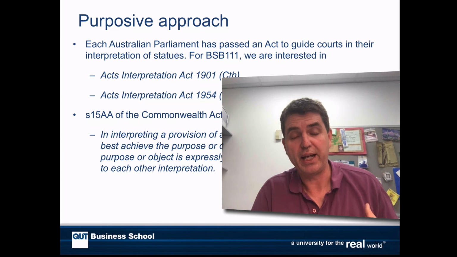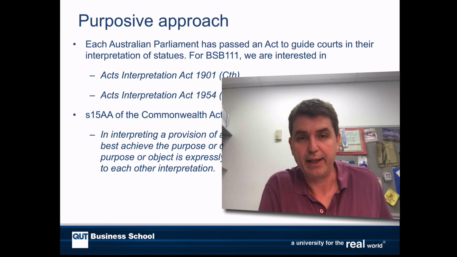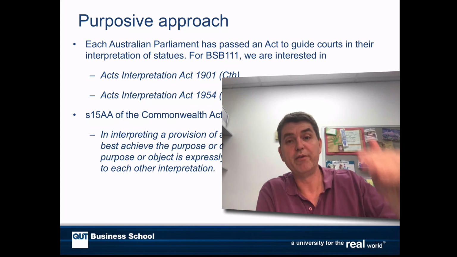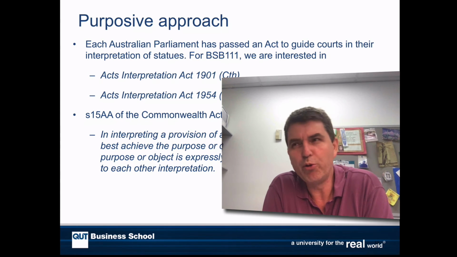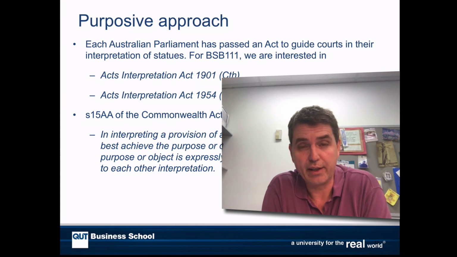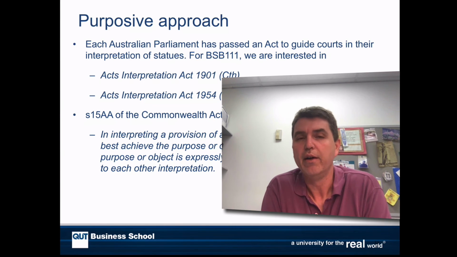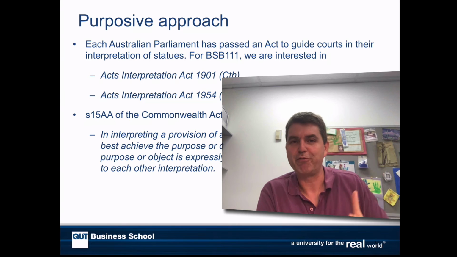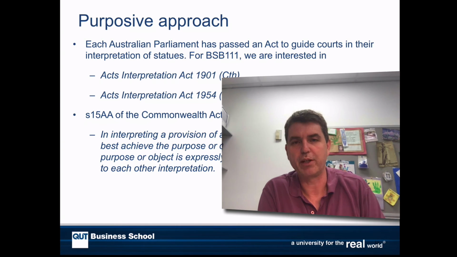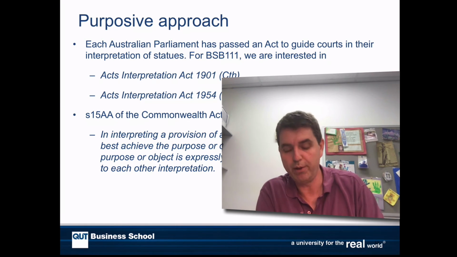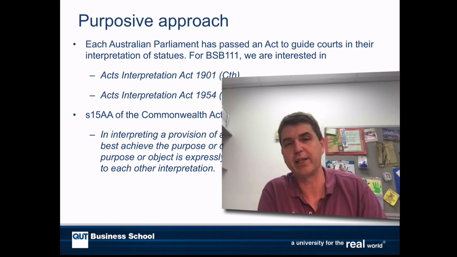In Australia, this was made much easier by a series of acts in all of our jurisdictions, called various things, but in the Commonwealth and in Queensland, they're the Acts Interpretation Act. Now, they were implemented at two different times, I think 1901 from the Commonwealth and 1954 from Queensland.